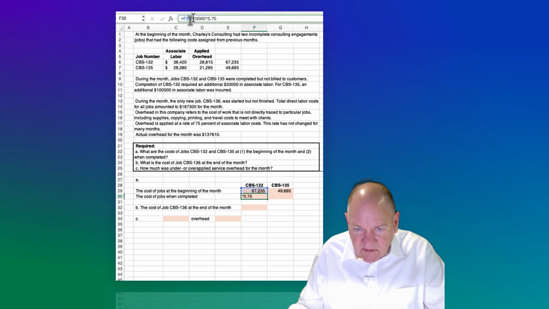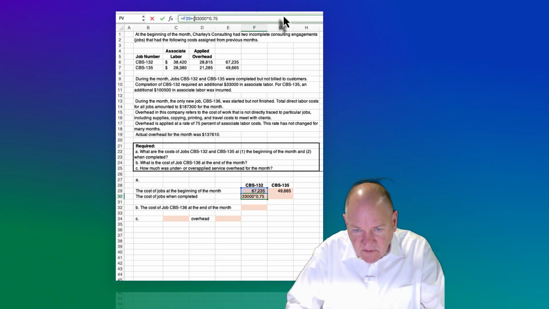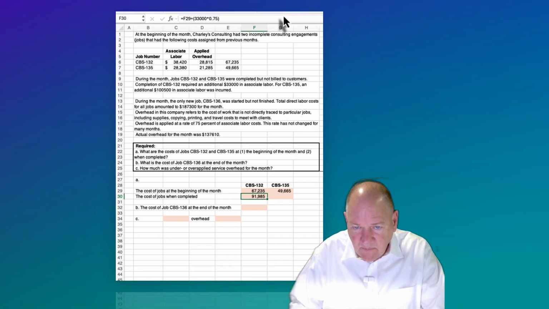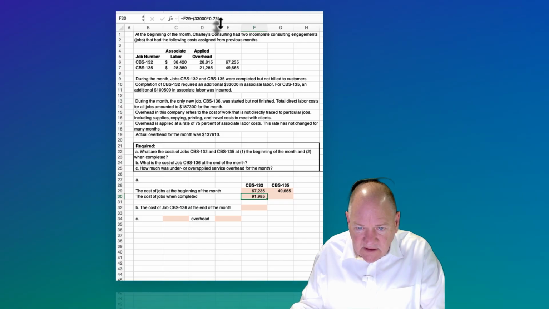And just to make sure that my math operations are done in the order that I intend, I'm going to use the parentheses. That's not necessary because the order that Excel uses is the standard order of math operations. But if somebody else is going to come in and pick up your spreadsheet, it's nice to see this written in this fashion because it makes it a little more obvious what you're doing there.